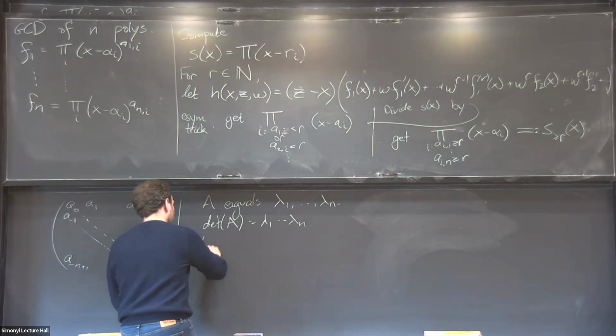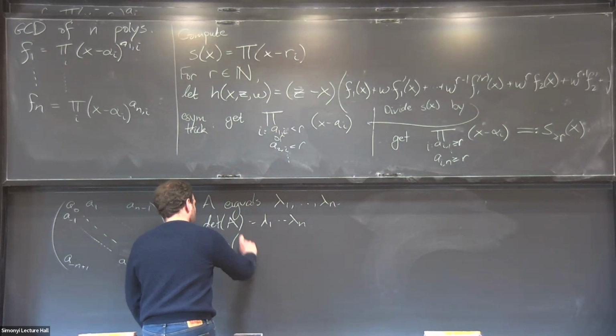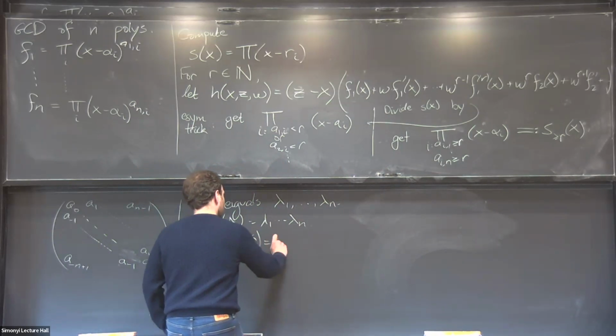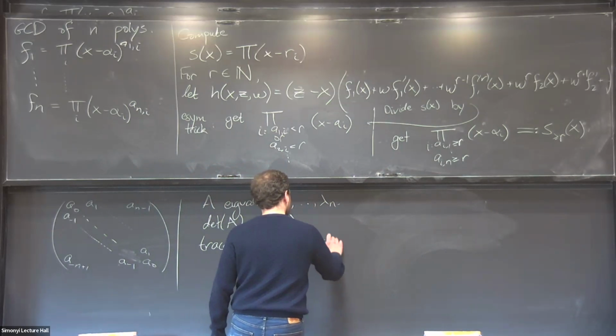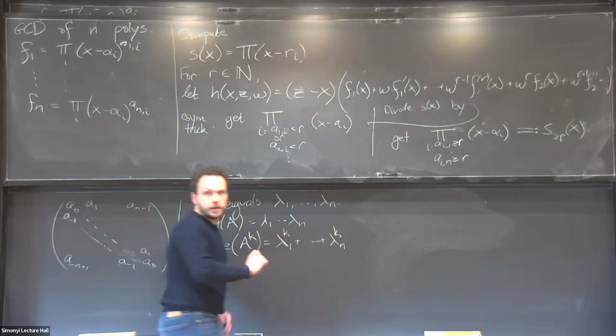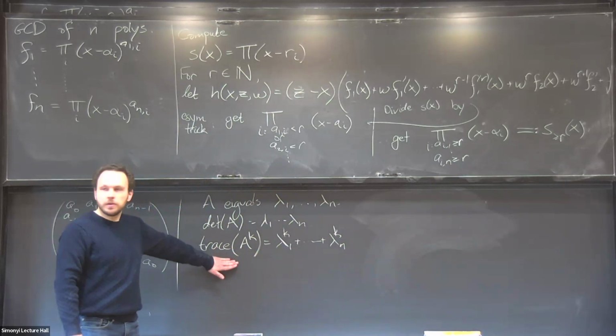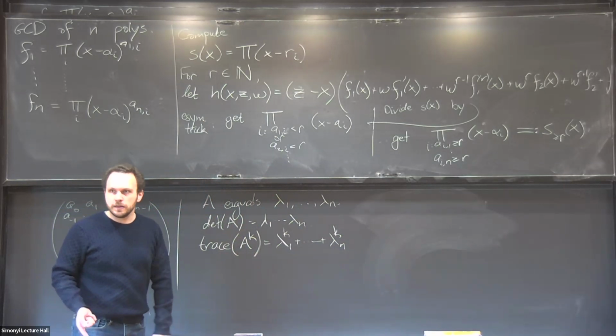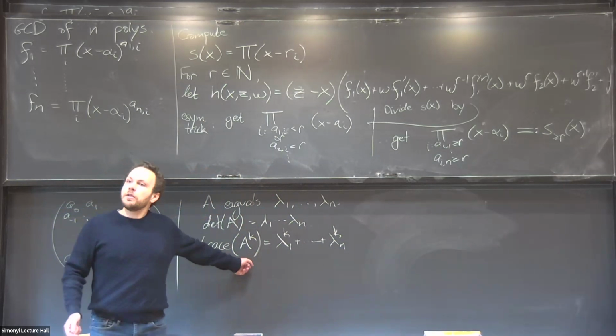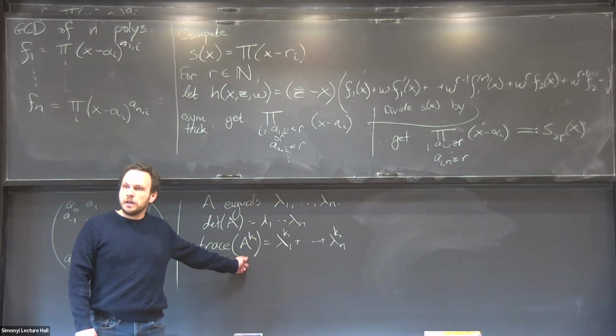And if I look at the trace of a power, this is a power sum in the eigenvalues, right? So if I can compute all these traces of powers, I use Newton's identity and I get the determinant.